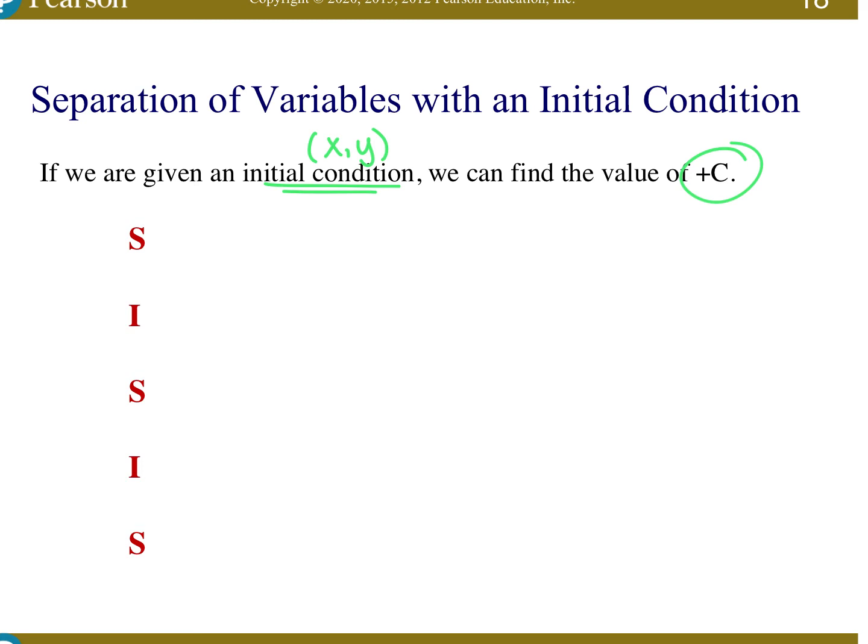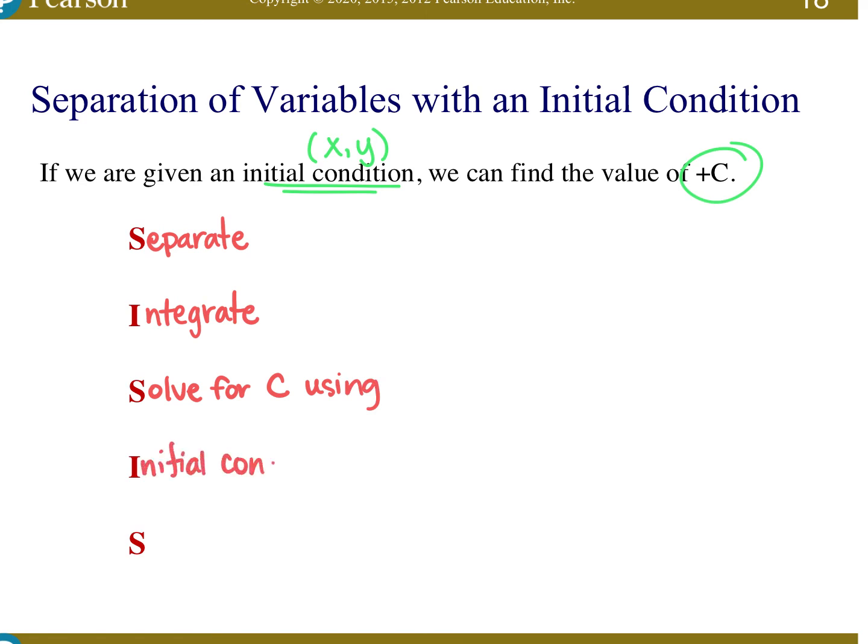So here are the steps. Separate. That's always first. Integrate. That's always second. Then we're going to solve for c, and we're going to do that using the initial condition.